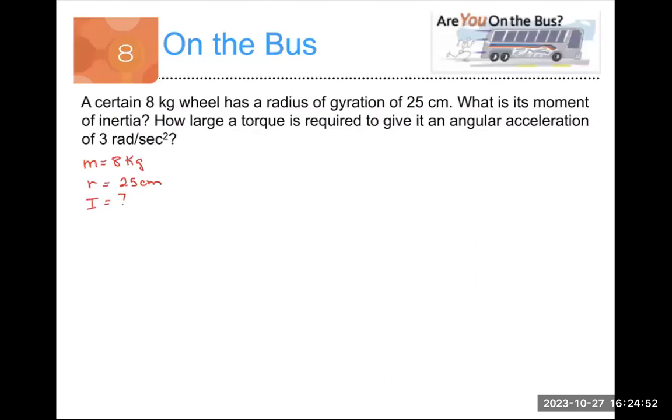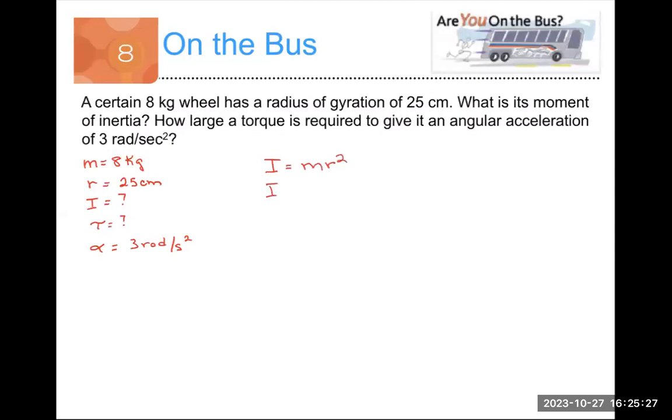You're also asked to find the torque that's required to give it an angular acceleration of 3 radians per second squared. Well, we have a wheel. So we go back and look at our figure, and we see that to find the moment of inertia for a wheel, our formula is going to be I equals m r squared.